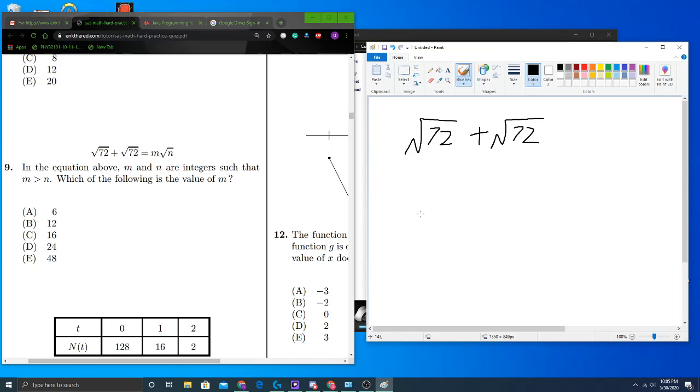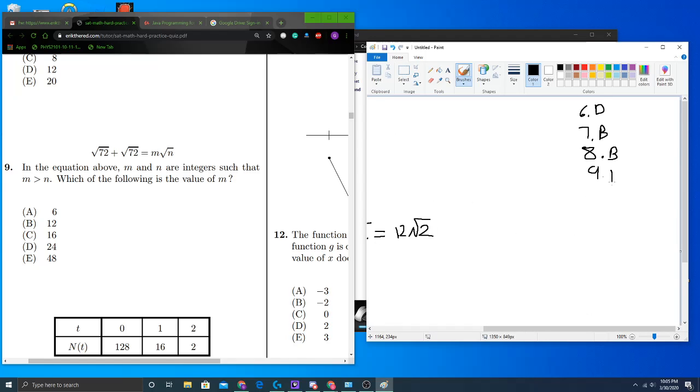One that's obvious is just 36. The square root of 36 is going to be 6, so we could take that out of the square root. 6 radical 2 plus 6 radical 2 equals 12 radical 2. So the answer is going to be B. That was pretty easy. That was a nice and easy one.